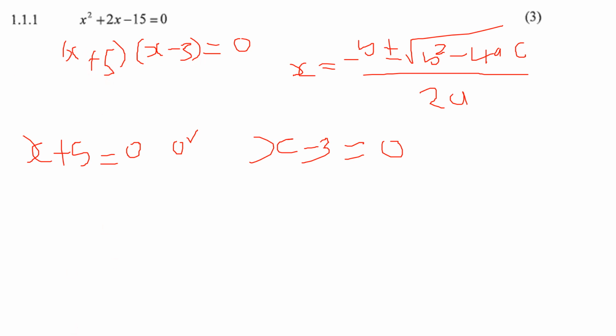Then you just transpose, and the value of x will be negative 5, and the other value of x will be positive 3. So basically when you use your quadratic formula, you will also get the same answers.